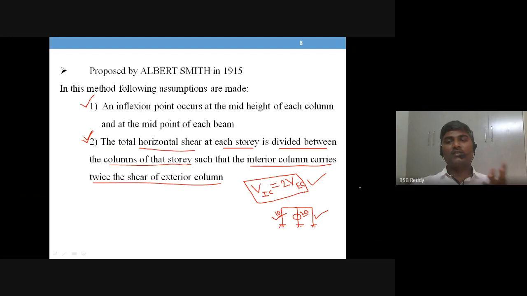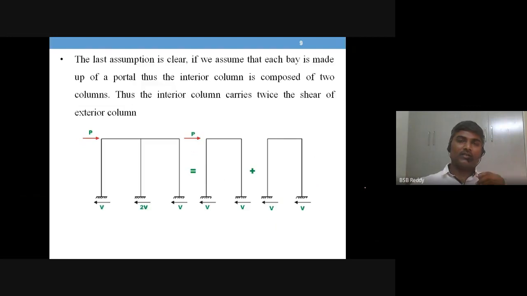So what is the second assumption in the portal method? Shear in the interior column is equal to 2 times the shear in the exterior column. That's it.